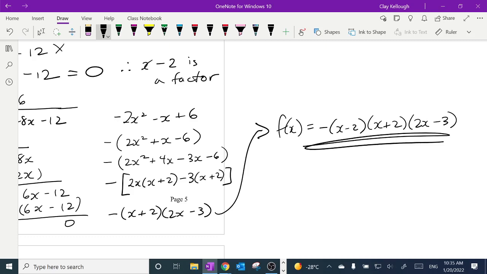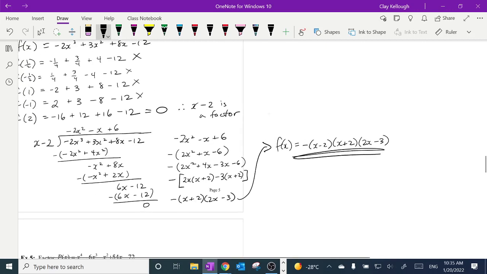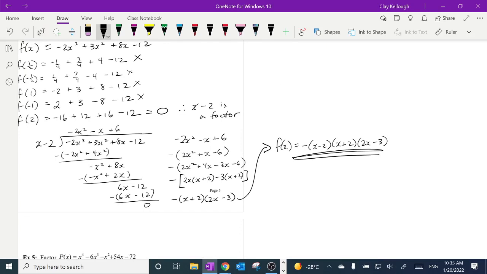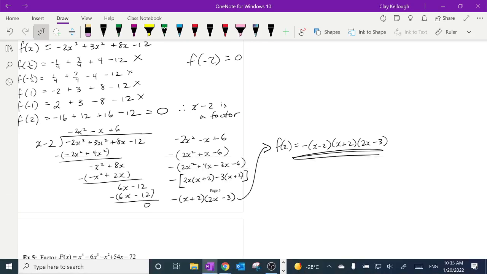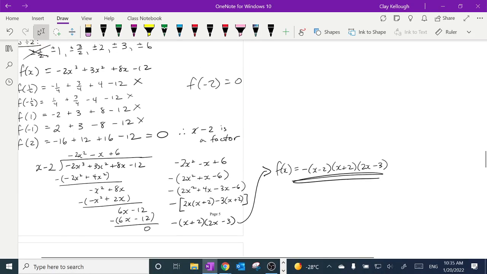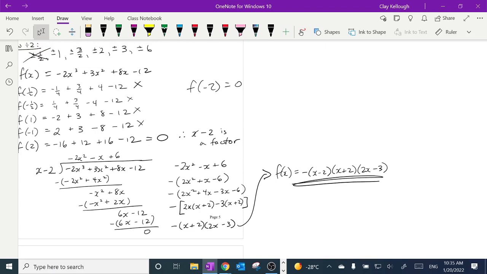By the way, what's this telling us besides the fact that I found x minus 2? Negative 2 would have also worked back when I was doing this testing here. F of negative 2 would have given me a 0 if I'd have bothered to run it through. And the other one that would have worked, what's the other one? If this is a factor, which of these would have worked?